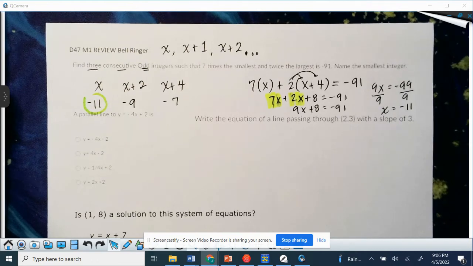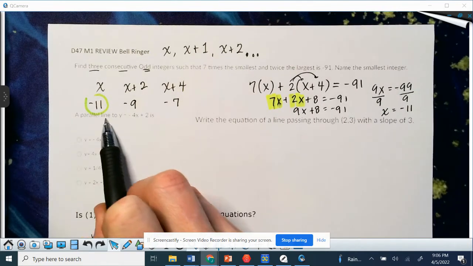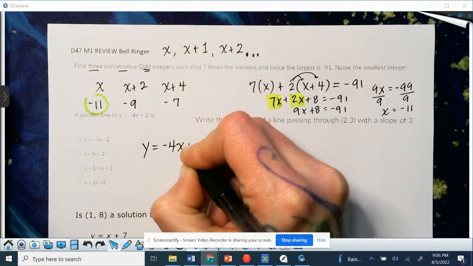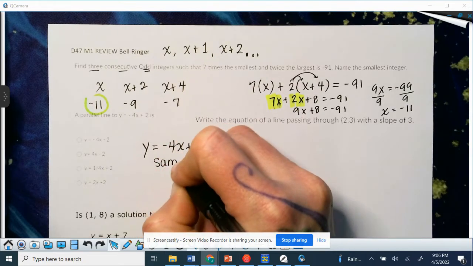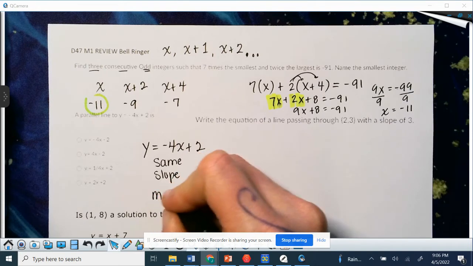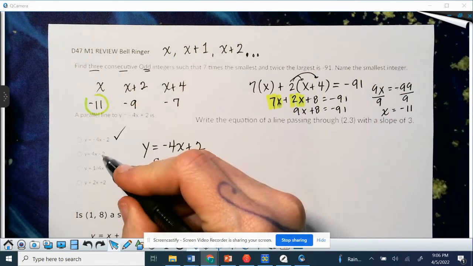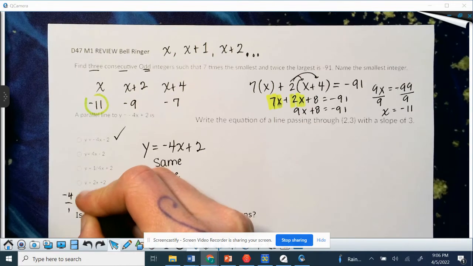All right, these are a little hard to see, but the next question was a parallel line that is parallel to y equals negative 4x plus 2. And a parallel line, remember, has the same slope. So you're looking for a line that has an m value that is equal to negative 4. So you have negative 4 here, positive 4 here, which means there's no relation, a positive 1/4, which is the opposite reciprocal.